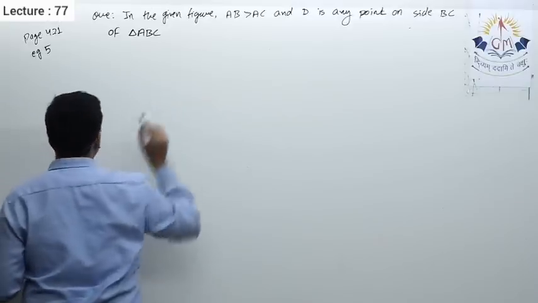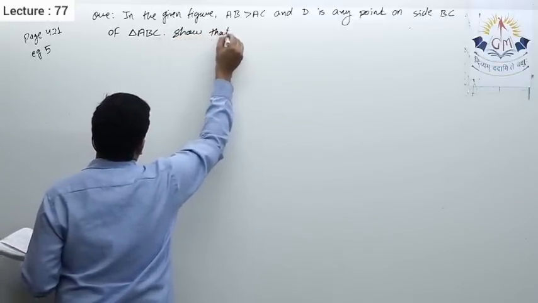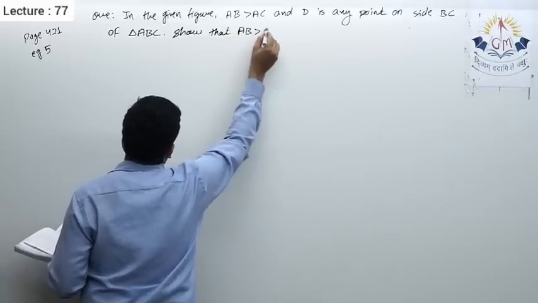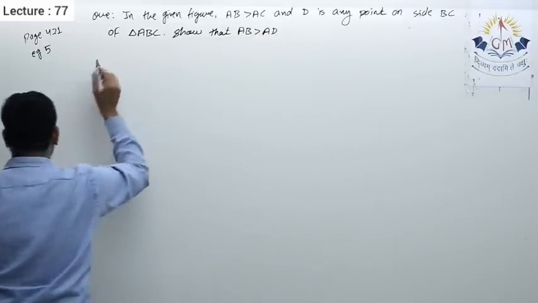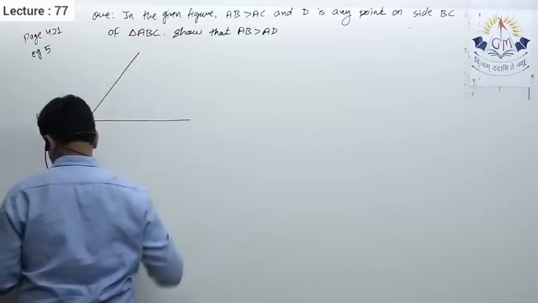Show that AB is greater than AD. Okay, so this is the triangle that is given to you.